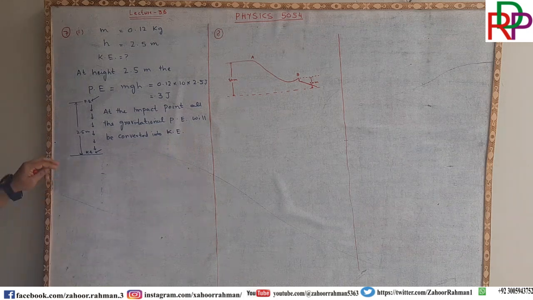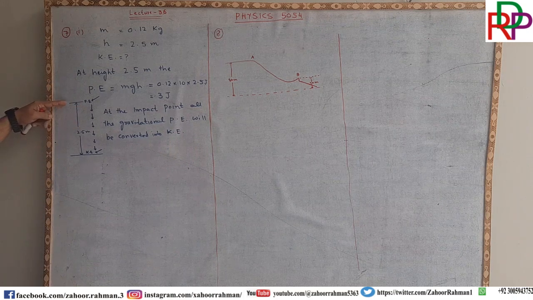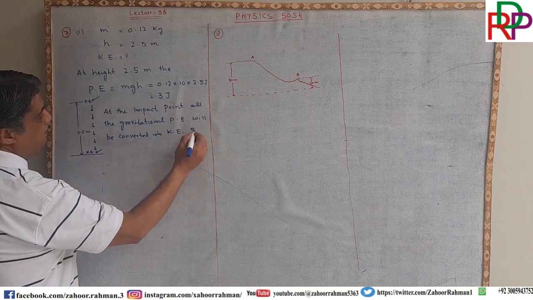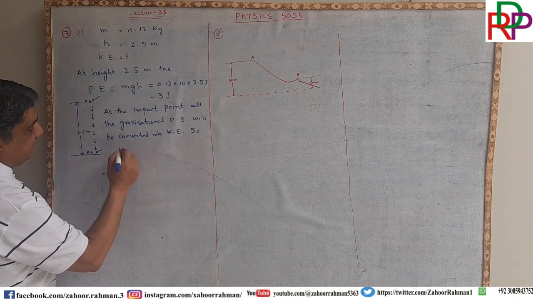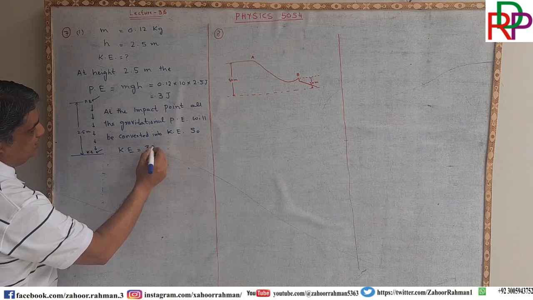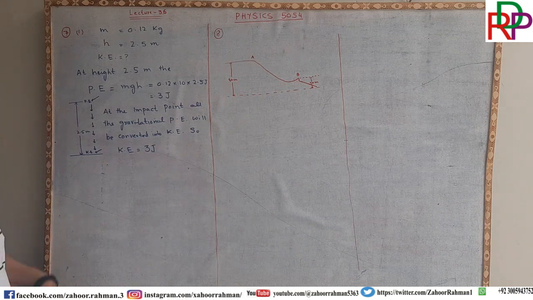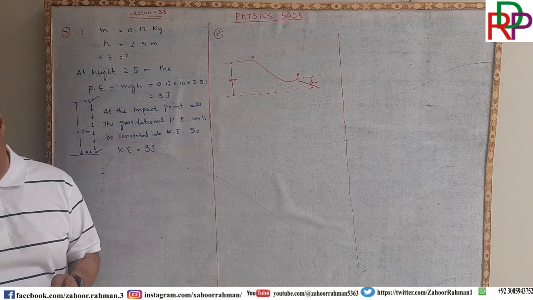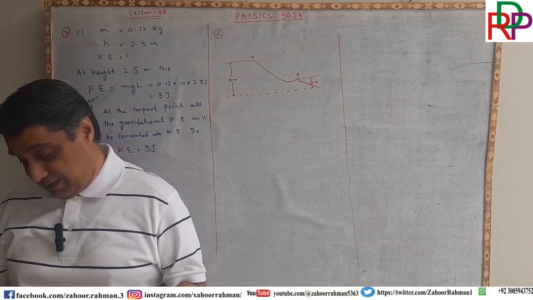So whatever potential energy the ball was having at the top will be the kinetic energy before the impact point. So kinetic energy is equal to 3 joules. And that's it. That is the answer of the first part.